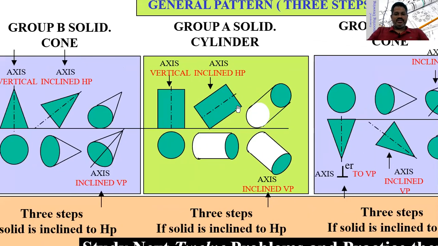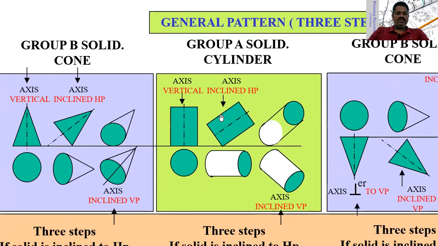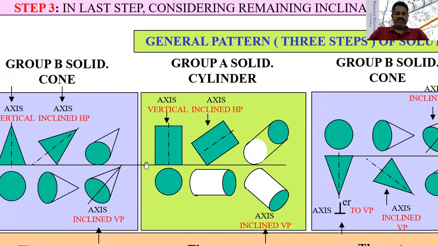Similarly, as you can see here, this is a cone, but in this case a cylinder is lying on HP. The top view is a circle, the front view is a rectangle. Similarly, this cylinder is twisted in such a way that the base point of the cylinder is lying on HP, and the axis of this cylinder is making some angle with the horizontal plane, and draw the projections for this.